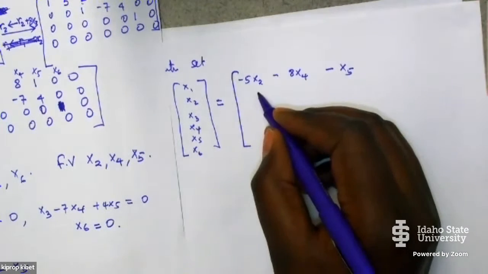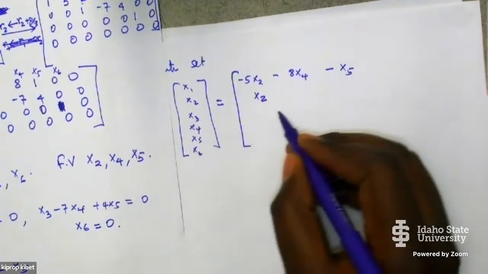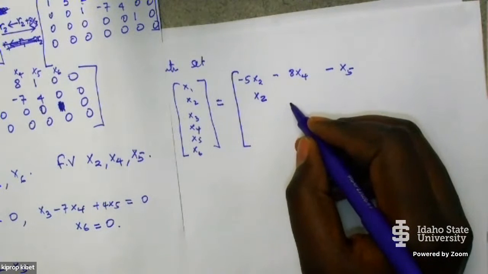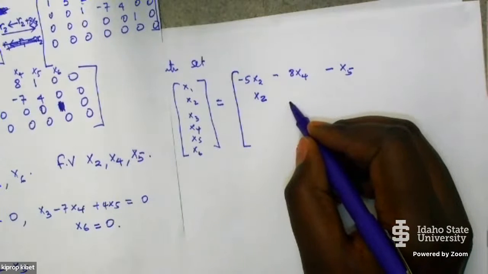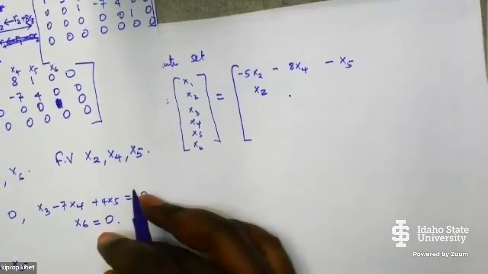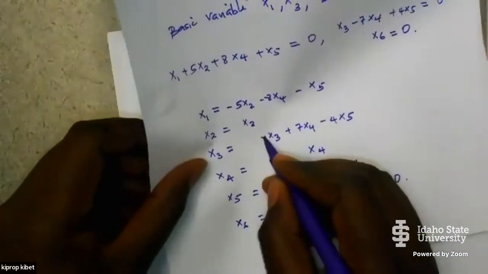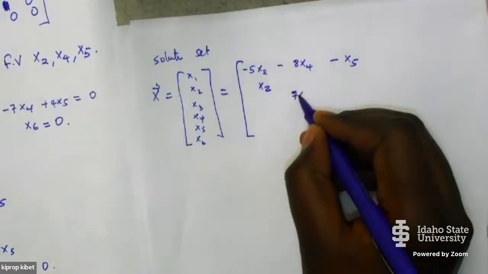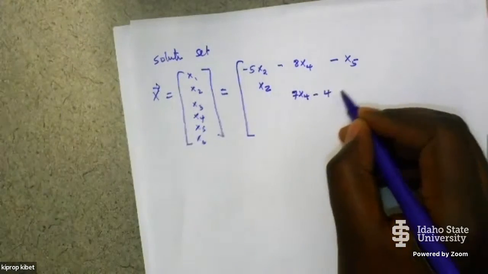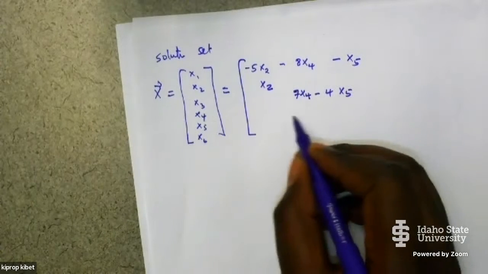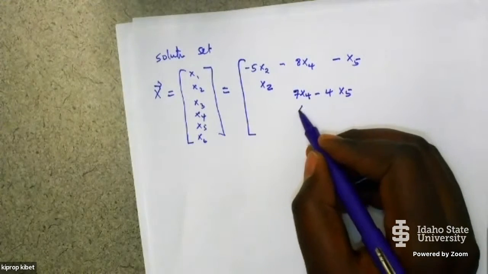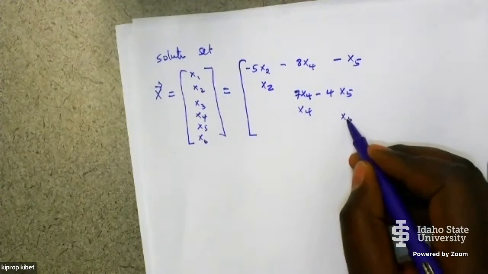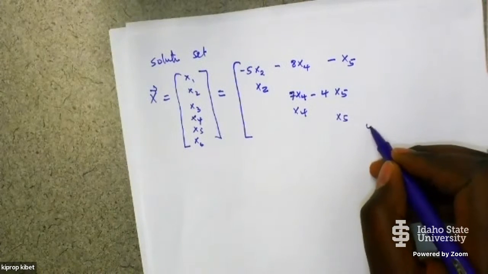The next one is x2 here. For x3, I'm sorry, there should not be an x3 here because we are taking it to the other side. So it is 7x4 minus 4x5. Then x4 equals x4, and x5 equals x5 since they are free variables. And then x6 equals 0.